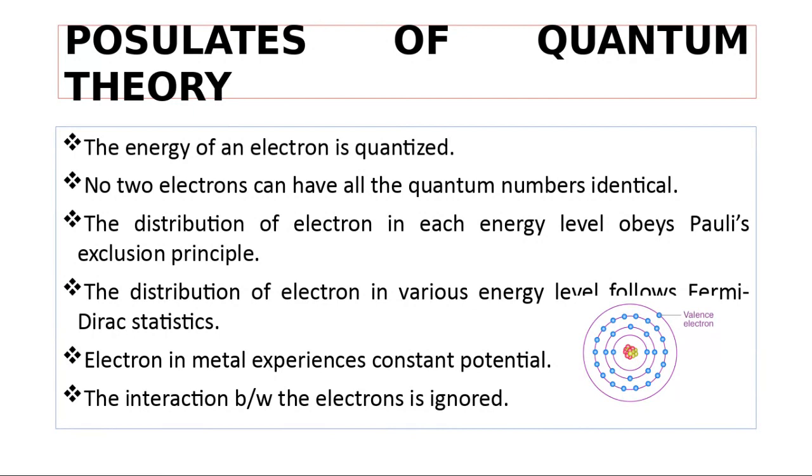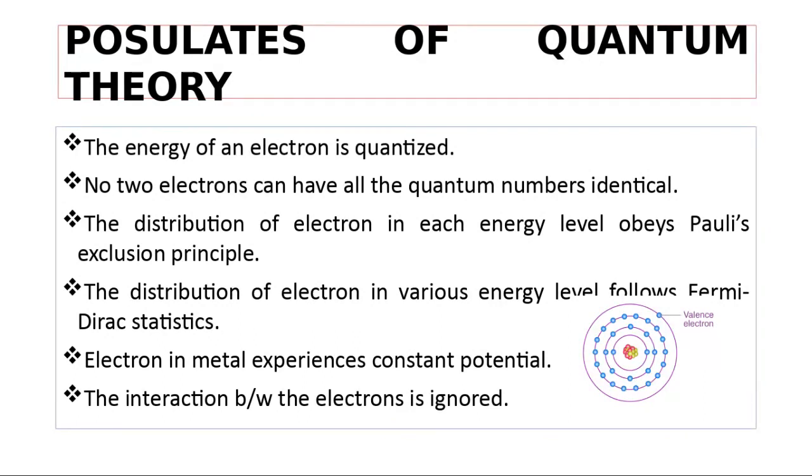That was not the case in classical mechanics, because there they say electrons can have any energy, a continuous energy. But according to quantum mechanics, the energy of an electron is quantized. It can't take continuous energy. It has discrete values of energy, and the electron can move only within these energy levels.